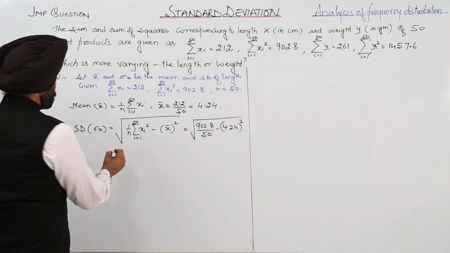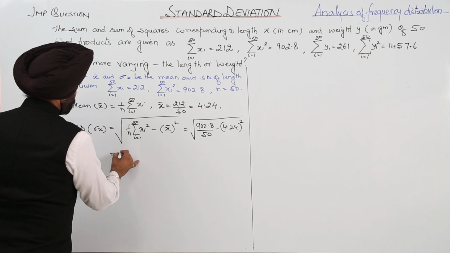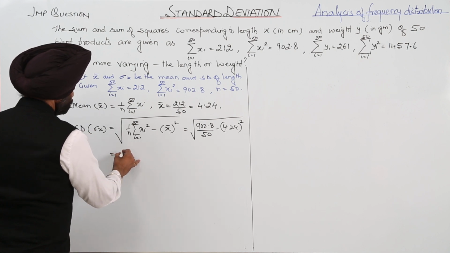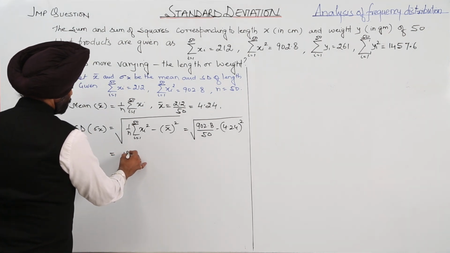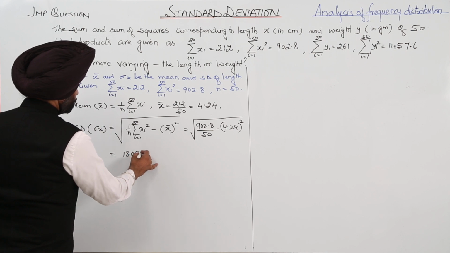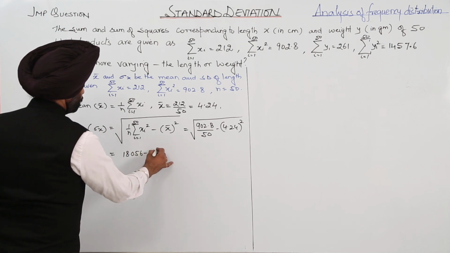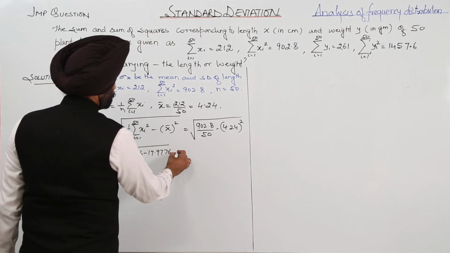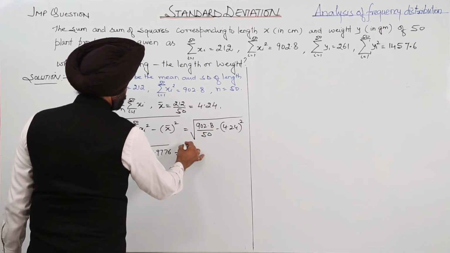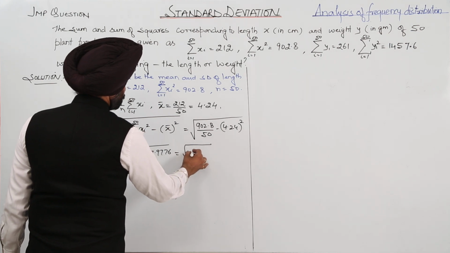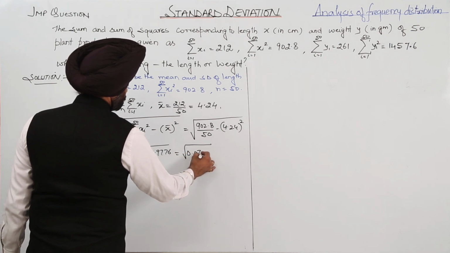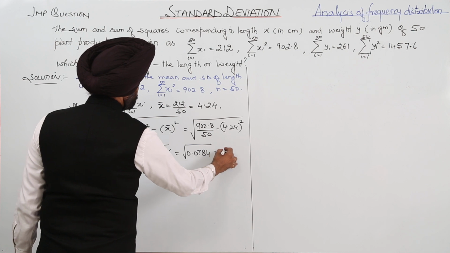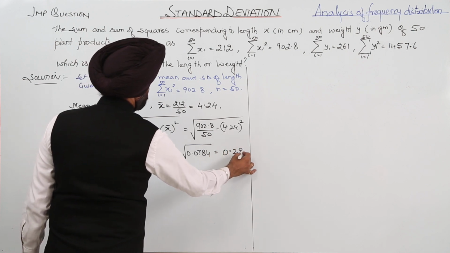So now on solving we have 18.056 minus 17.9776. This becomes 0.0784, and the square root is 0.28.